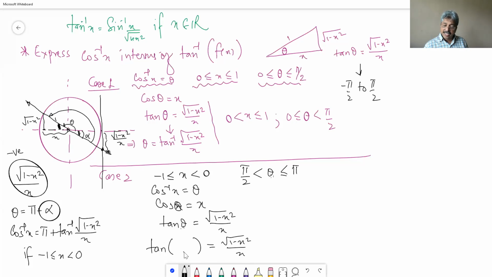So that this is in the range and this is in the domain. This is anyway in the domain. Is this in the range or not, and tan should not change.